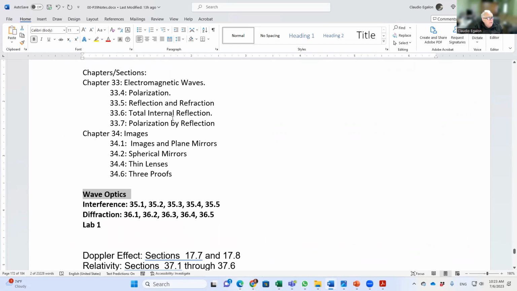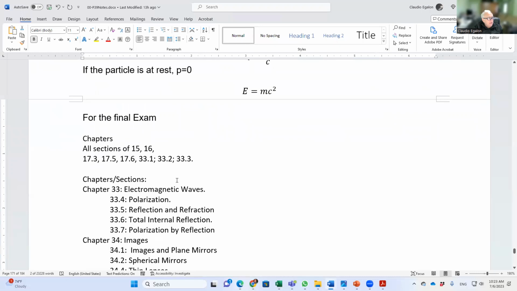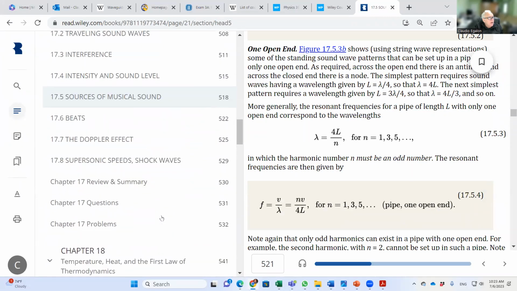Here are the sections of electromagnetic wave and geometrical optics. Here, I've got to write that down too, sections 15, 16. We had oscillations. Let's write it down so you can know exactly what each chapter is.